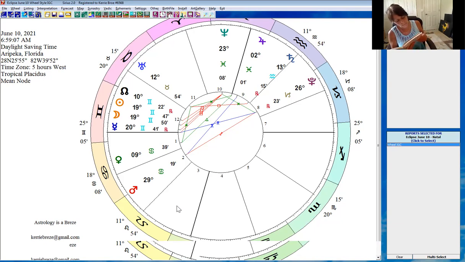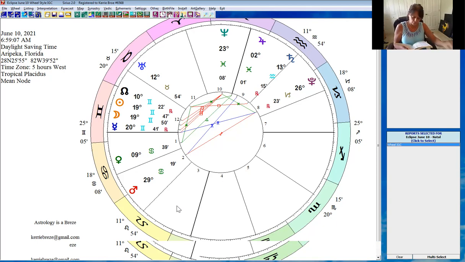July 6th. So we're coming into the 4th of July weekend. The 4th of July this year is on a Sunday. Mars is at 14 degrees Monday and 15 degrees Tuesday.